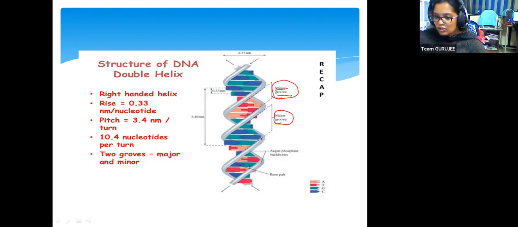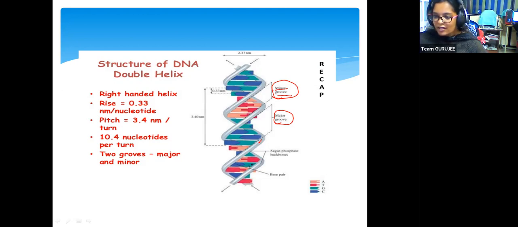Next, this gray color is called the sugar phosphate backbone. This is the outer covering, the border. Then inside we have adenine, thymine, guanine, cytosine.